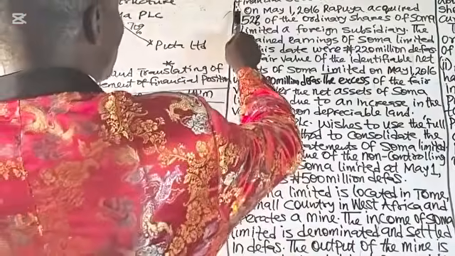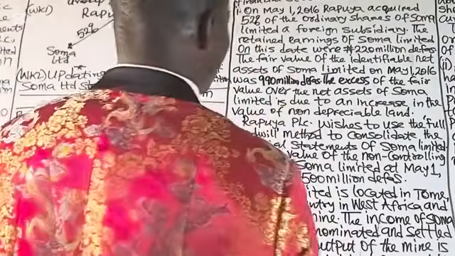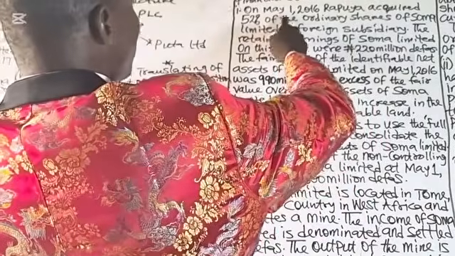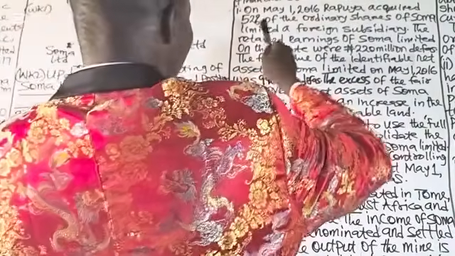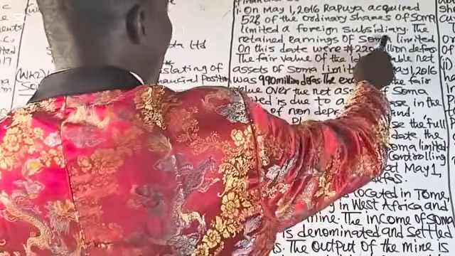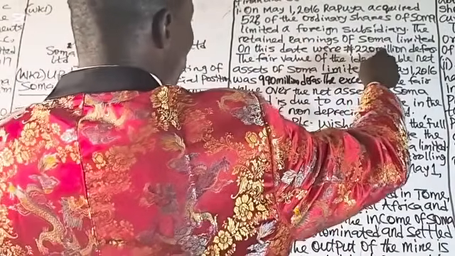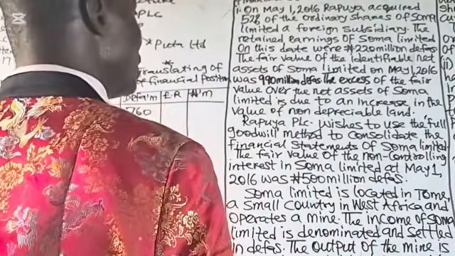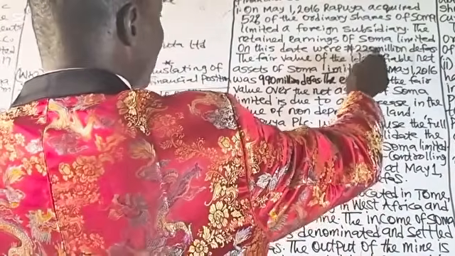In note 1, you were told on May 1st, 2016, Lapuya acquired 52% of the ordinary shares of Soma Limited, a foreign subsidiary. The retained earnings of Soma Limited on this date were 220 million DEFAs. So that is the retained earnings at the date of acquisition.